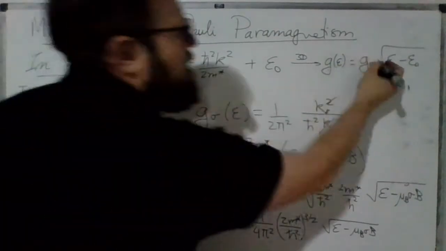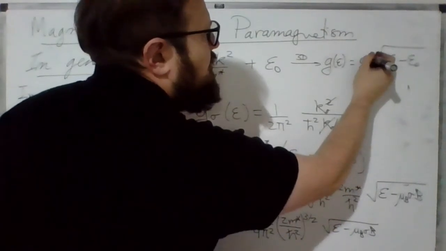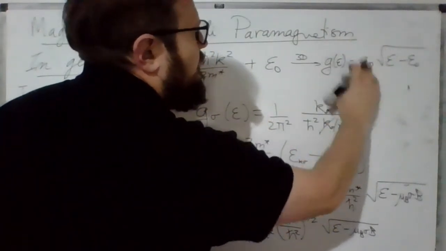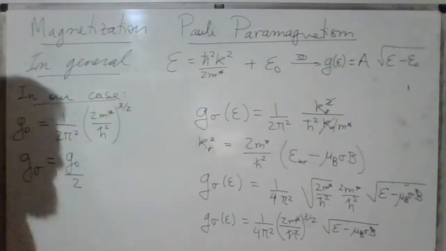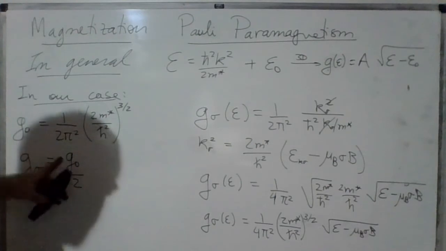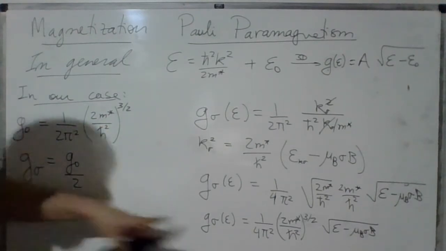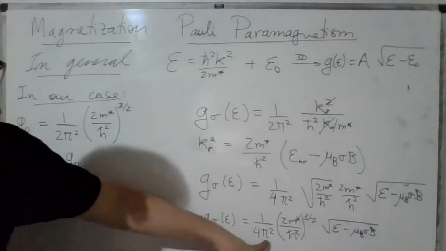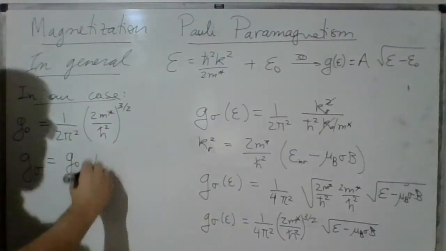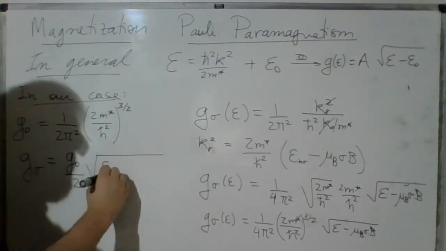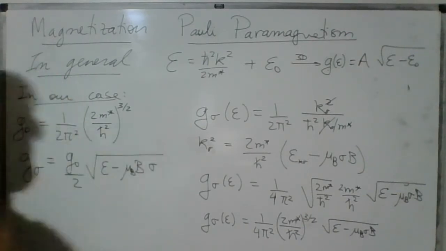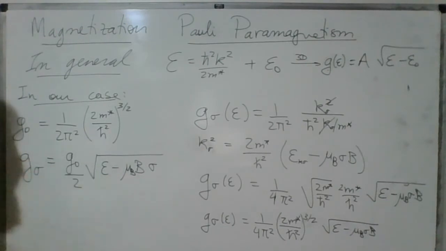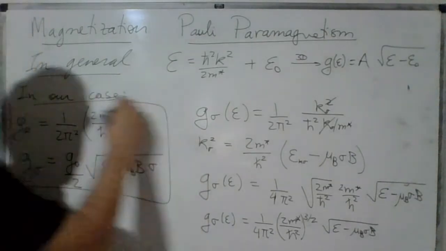Let me use another letter, some A here, just for you to not be confused, because here we have a factor of G0 over 2 times the square root of epsilon minus the Bohr magneton times B times sigma. Sigma is the spin. It can take on 2 possible values.